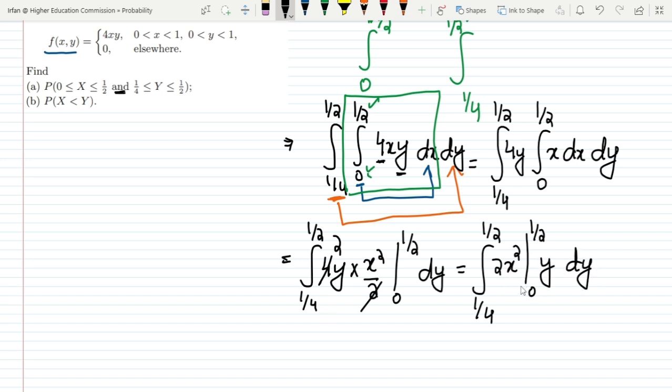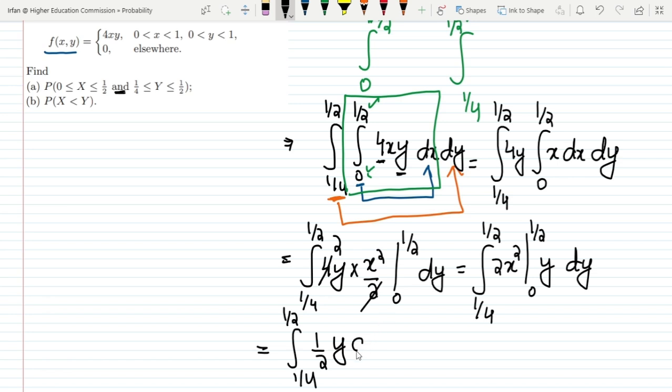Putting these values here and then finding it out, what I will get here, it will become 1/4 minus 0. So, it will become 1/4 to 1/2, and here it will be 1/4 multiplied by 2, it will become 1/2, and here we will have y.